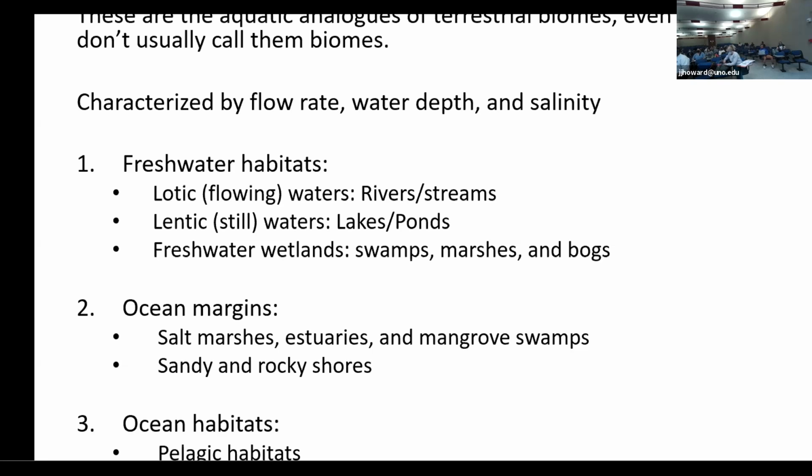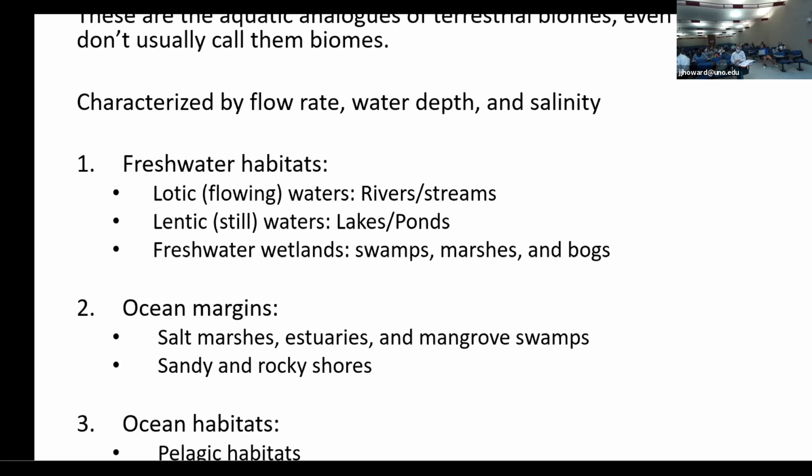And I'll try to help you understand the distinction between them here. At the ocean margins, we have really interesting habitats. We have salt marshes, estuaries, and mangroves. And salt marshes and mangroves occupy estuaries, but in different parts of the world. We also have sandy and rocky shores on the ocean margins.